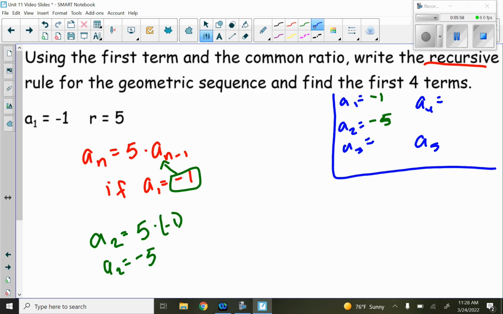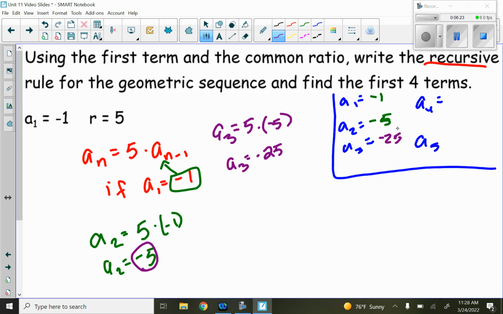So when we're finding our third term, A sub 3, we're going to take our previous term, that negative 5, and plug it in. So 5 times negative 5, so A sub 3 equals negative 25.